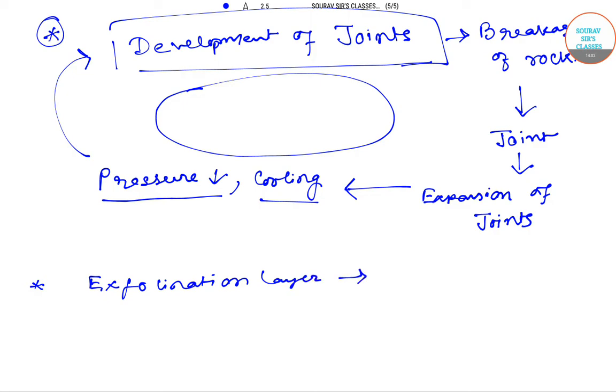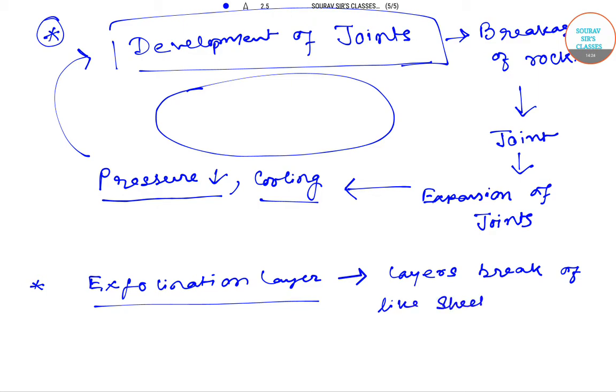This exfoliation layer is these types of layers, this is what we call the exfoliation layer. These layers break down, or break off like sheets. So this is the exfoliation layer.